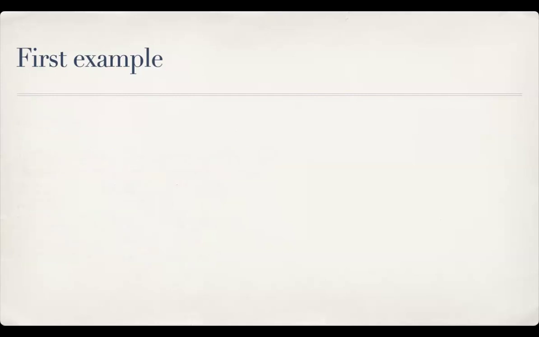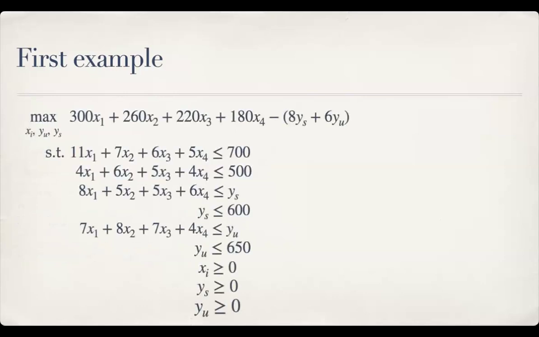So we combine everything. Now our optimization problem looks like this, okay? We maximize the objective function. We write the decision variables here, xi, yu, ys, okay?